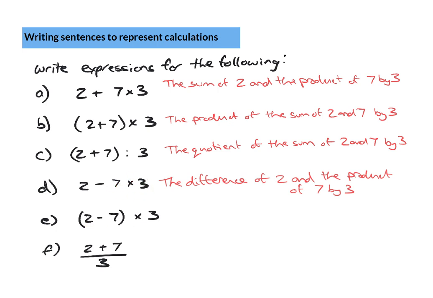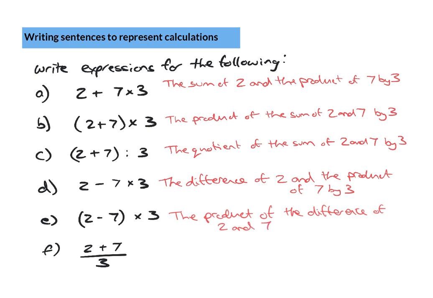The next one is the same numbers, but we have brackets here, so that thing has to appear first in a way. So what we have here is still a product, but what we do this time is we do the product of the difference of 2 and 7.